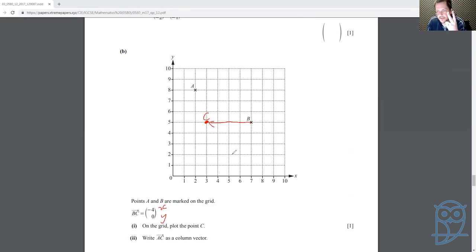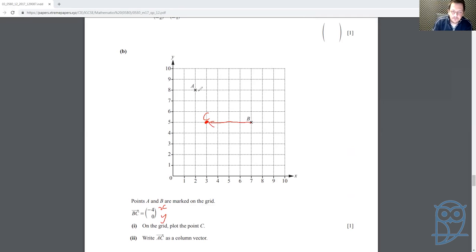Two things are wrong with that. First thing that's wrong with it, you'll always do your horizontal first, then your vertical. So it's 1 that we're moving horizontally and 3 that we're moving vertically. Second problem, it is not the vector CA, it is the vector AC.